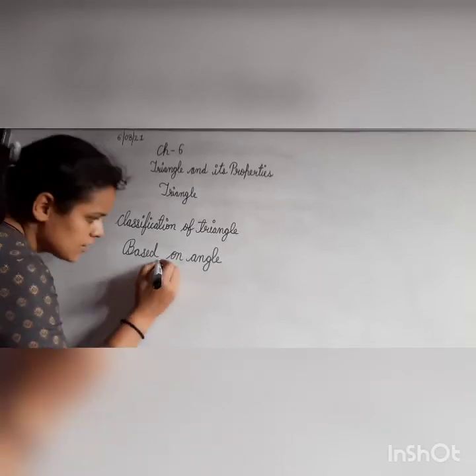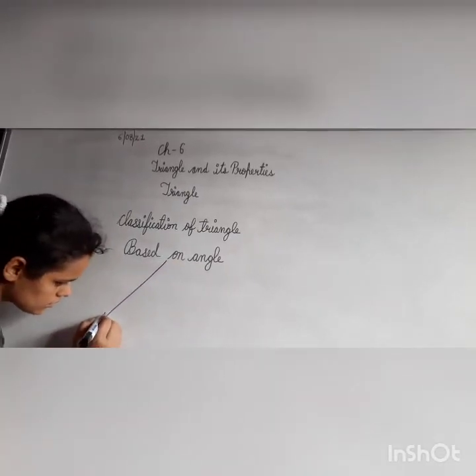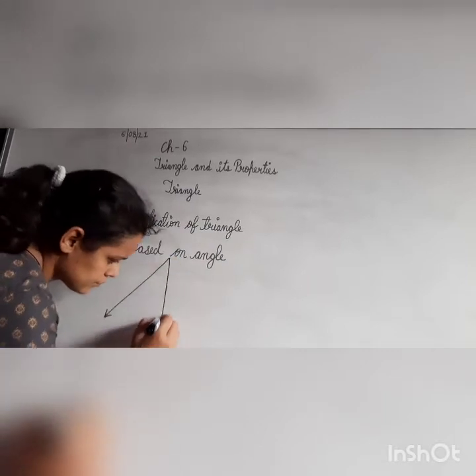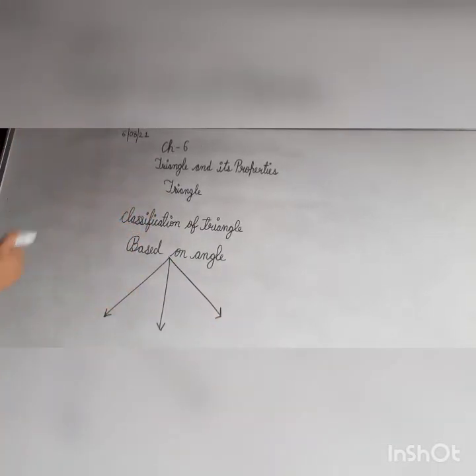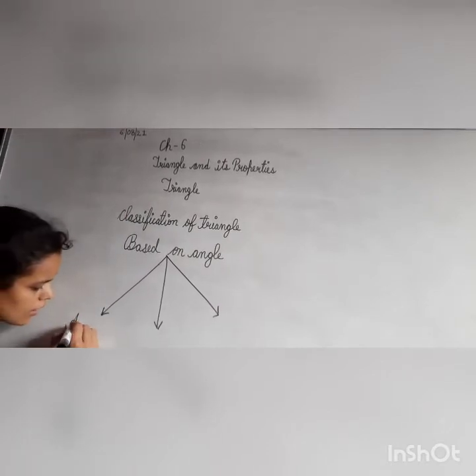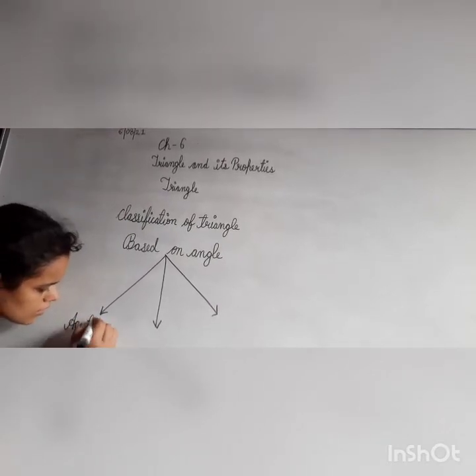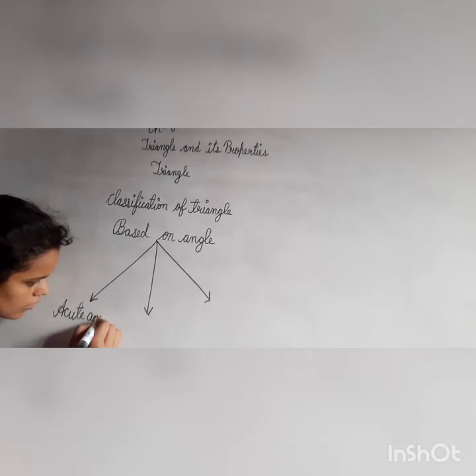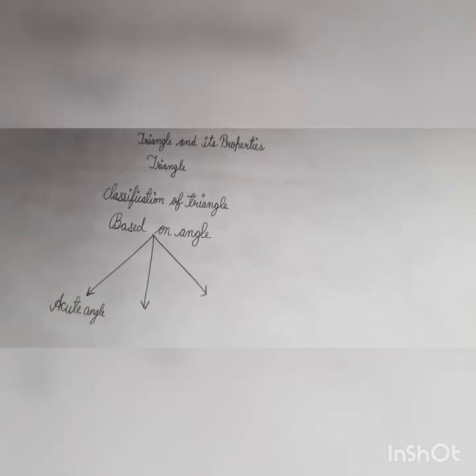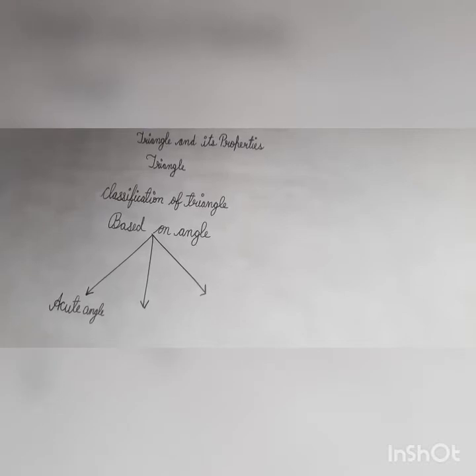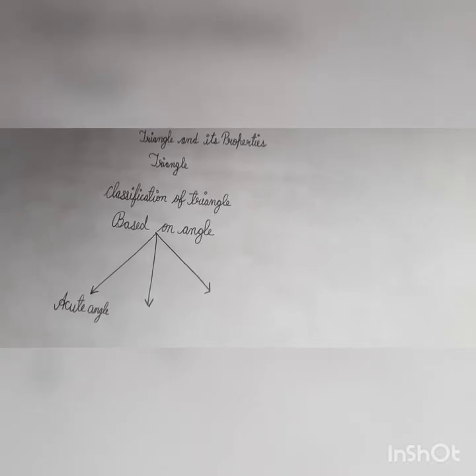We will divide it into 3 parts. First is acute angle. What is an acute angle? When the angle is less than 90 degree, it is known as an acute angle.